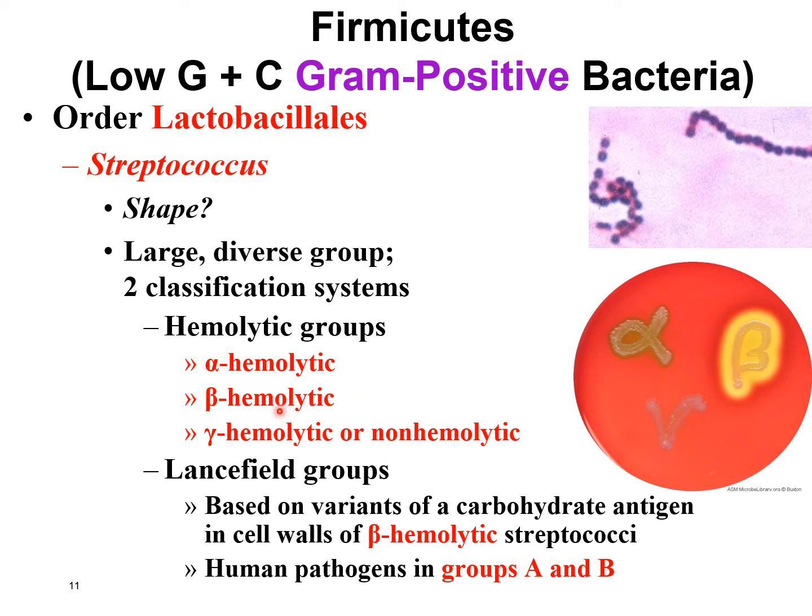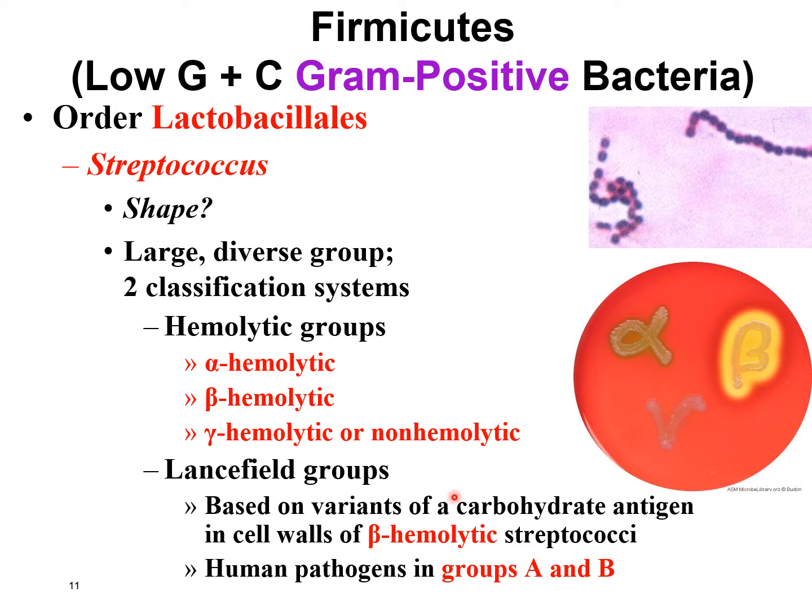The next group, the beta hemolytic strep, they're going to completely hemolyze the red blood cells. So you can see over here on the far right that the blood agar has turned pretty clear. So they have completely broken down the red blood cells.